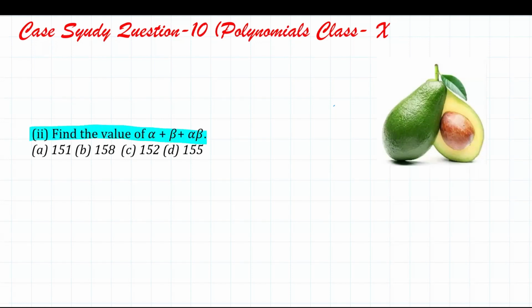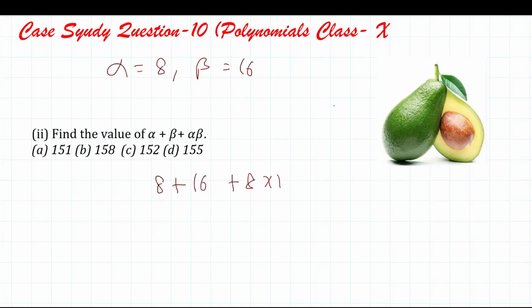In the second part, they're asking to find the value of alpha plus beta plus alpha beta. We have already calculated the values. Alpha was 8 and beta was 16. That's very easy, right? We are simply going to replace alpha with 8, beta with 16, plus 8 into 16.